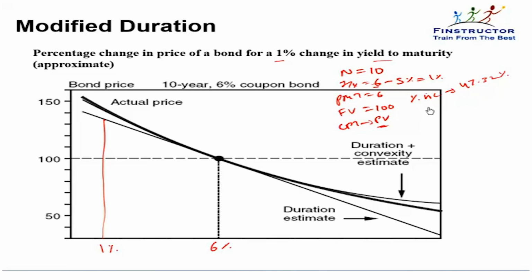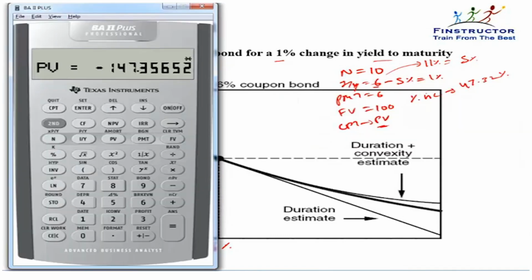If the yields go up by 5%, so instead of 1%, the yields go up from 6% to 11%, then again in the calculation we'll enter the I/Y as 11% and compute the price of the bond. All the other values have already been entered.